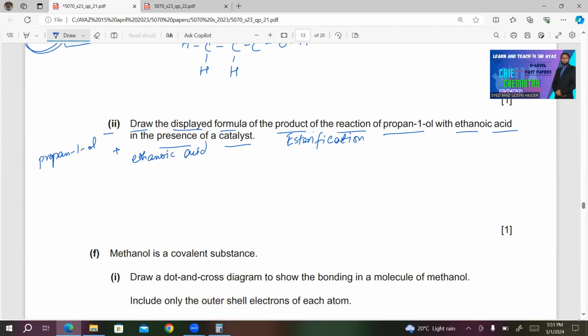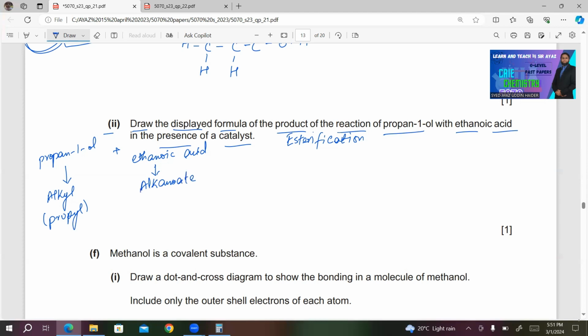The other name for ester is alkyl alkanoate. Alkyl must be coming from this propane 1-ol. So we will get alkyl propyl from propane 1-ol. And from carboxylic acid, we will get alkanoate. It must be coming from the carboxylic acid.